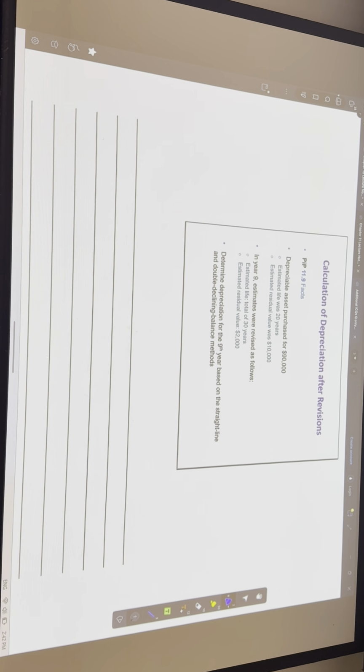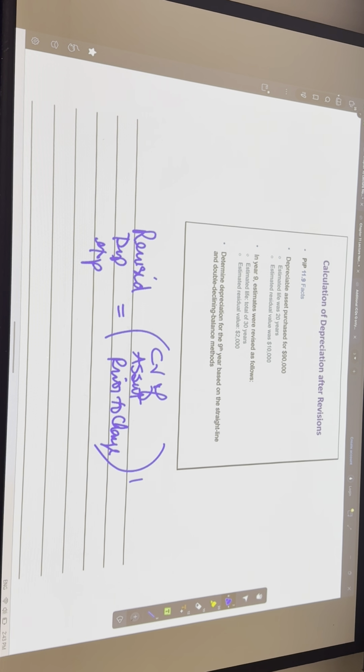This is another example of revised depreciation, and the formula here, you guys, is this, okay? So when you're doing the revised depreciation expense, it's going to be equal to the carrying value of the asset prior to change, plus any addition.